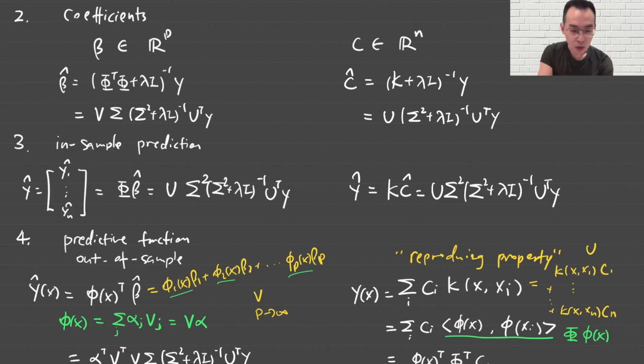And that link is the SVD. So this interpretation carries over to the infinite dimensional space, right? In the infinite dimensional space, our p will go to infinity, and our V becomes an eigenfunction, I should say a singular function, in place of the singular vectors in the finite case. Then our nonlinear function will be made up of the singular functions V here.